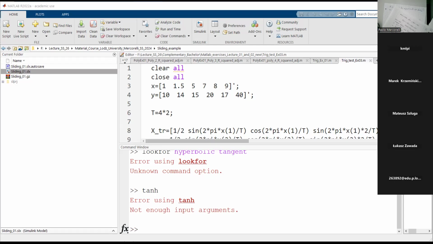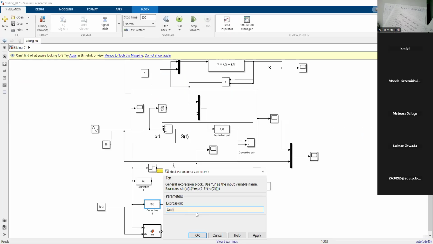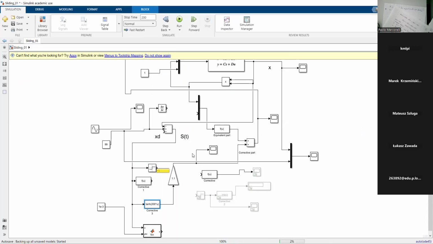Let me go here now together with you. Tanh. Then I put in the gamma, I don't know, 200 multiply u, the argument. Okay, let me see now if I have some better result. Typically it is more robust.